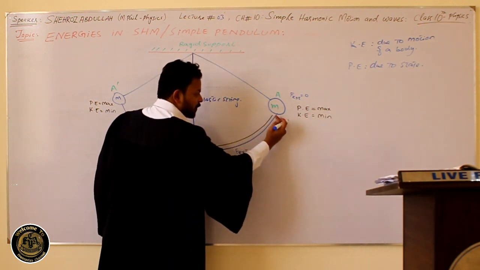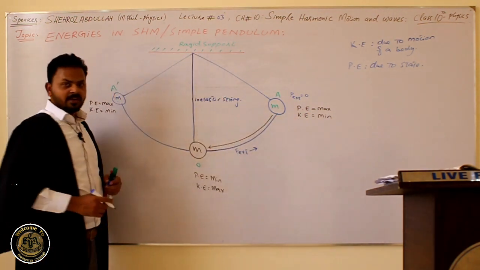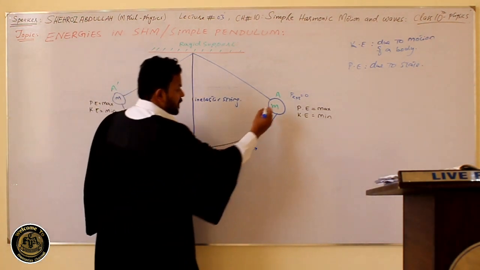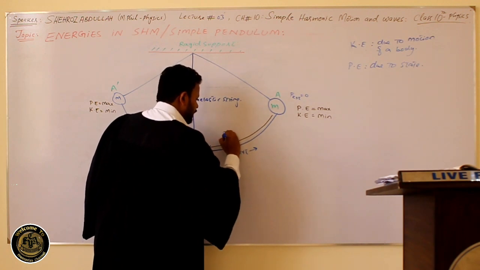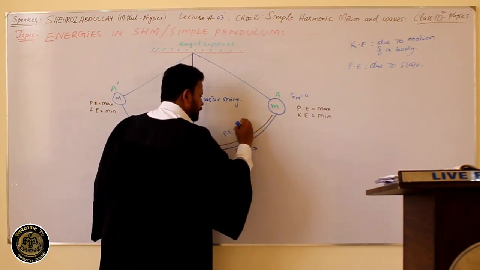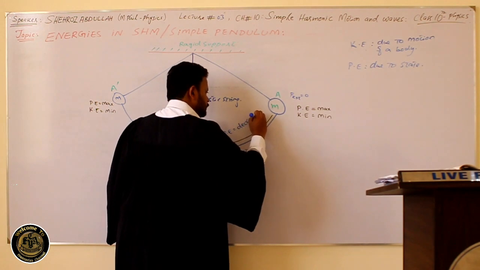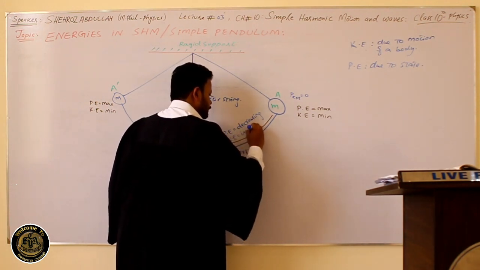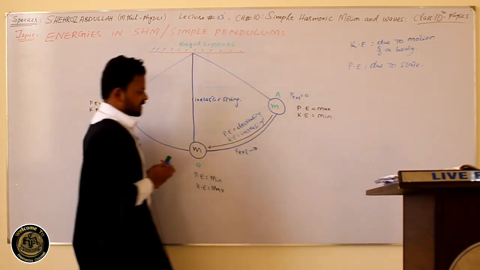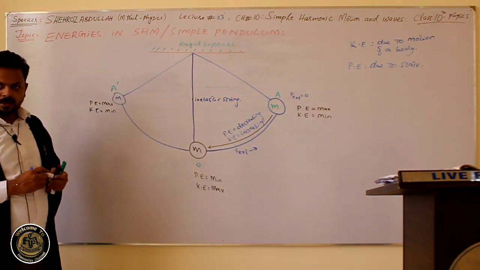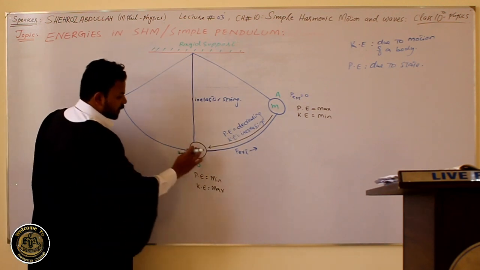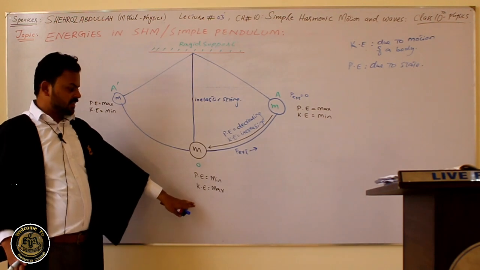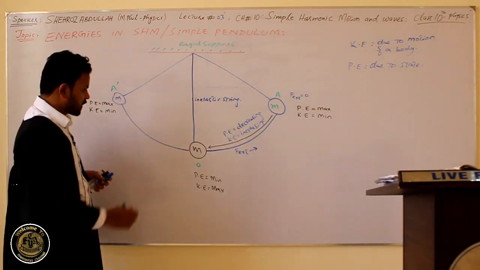When the body starts coming from A to O, its potential energy starts decreasing and kinetic energy starts increasing. Now at mean position O, the kinetic and potential energy are as shown in the diagram.